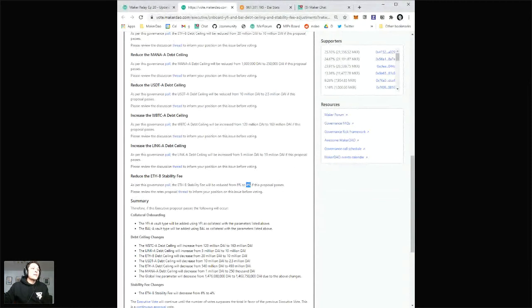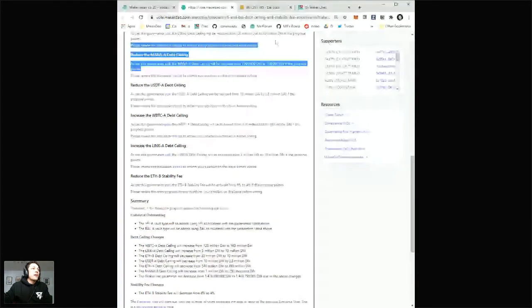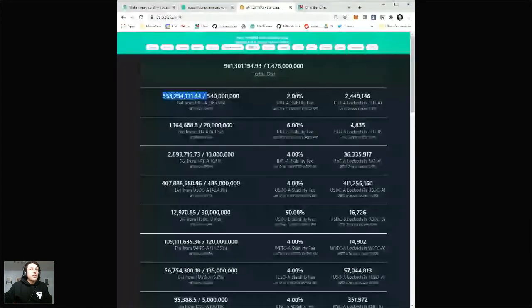And this comes as a recommendation from Premotion, the risk team, saying that the ETHB vault type hasn't really produced a lot of DAI, and it's suspected that it's because the stability fee is a little bit too high compared to similar market rates.